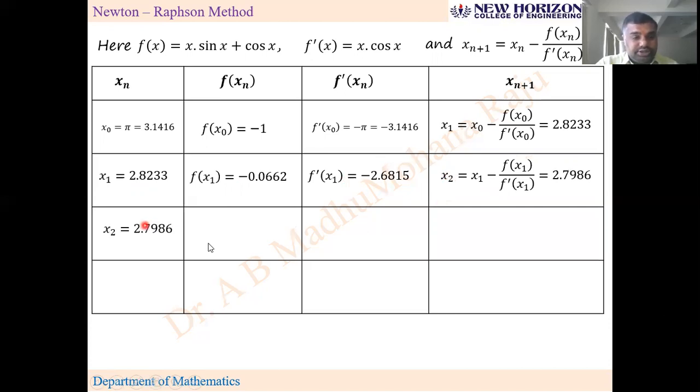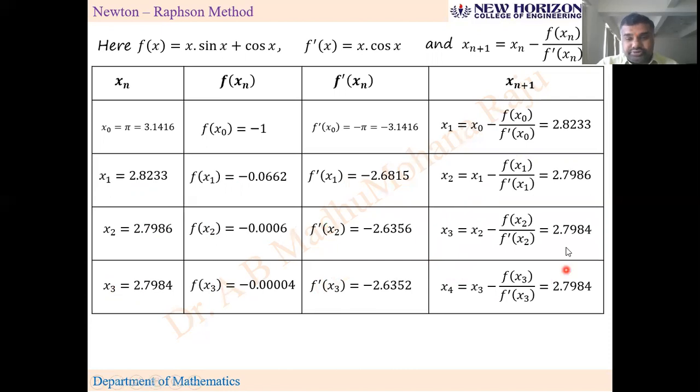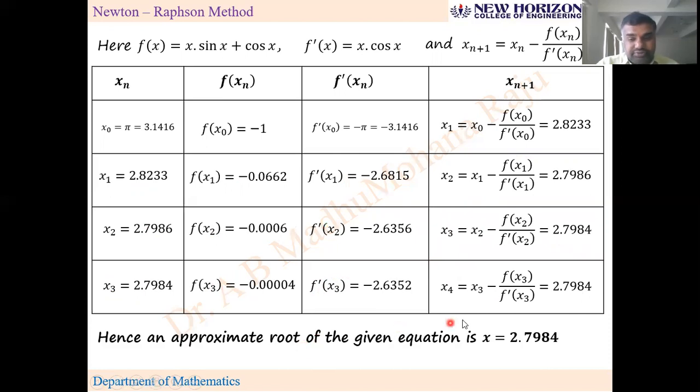Then list out x2 here and find f of x2, f dash of x2, and calculate x3 by using these three values. Then list out x3 here, f of x3, f dash of x3, and x4. If you observe x3 and x4, 2.7984, 2.7984. Hence, an approximate root of the given equation is x = 2.7984.